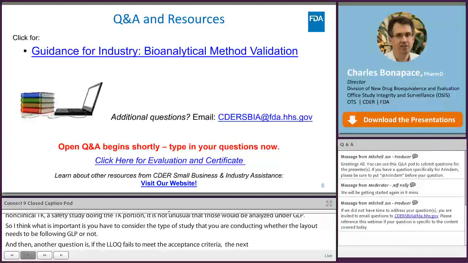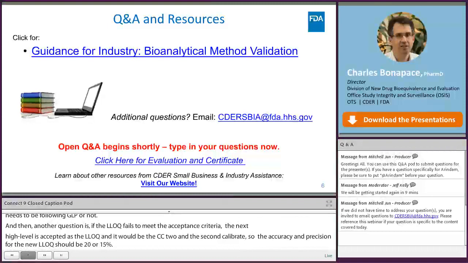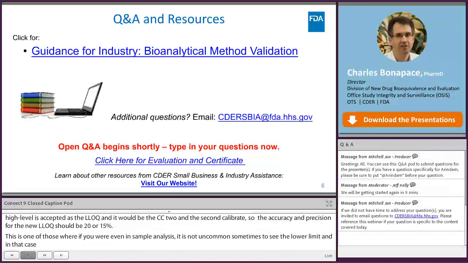Well, even in sample analysis, it's not uncommon sometimes to see the lower limit of quantitation QC fail, and in that case, you base it on the CC2. And even though that technically is the lower limit of quantitation for the run, it's not the lower limit of quantitation for the method. So that would be the 15% in that case.